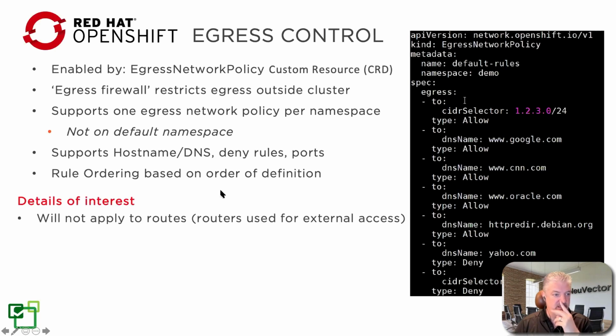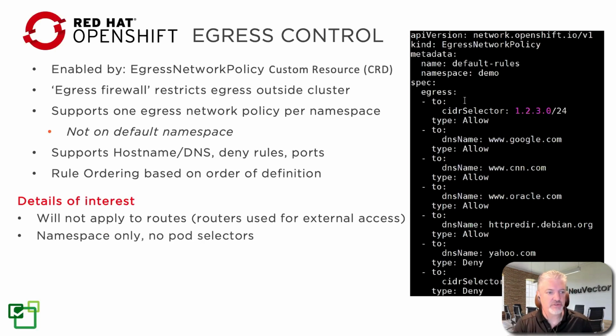A few notes on egress control with Red Hat OpenShift. This will not apply to routes. So if you're using routes to send traffic from the namespace through the pod to the router, then the egress controls are not going to apply to those routes.